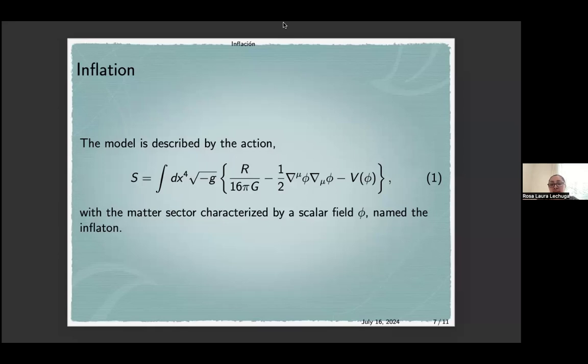And in this case, it's necessary to have a cosmological constant that eventually turns off, because this potential that depends on the scalar field plays the role of an effective cosmological constant.